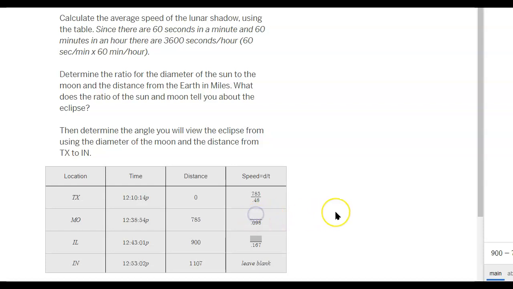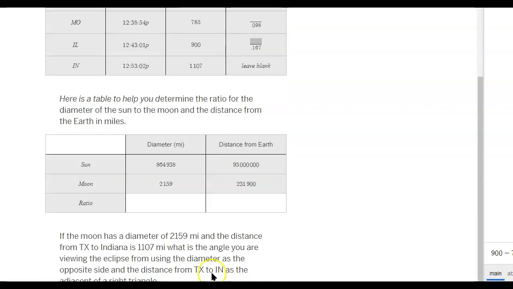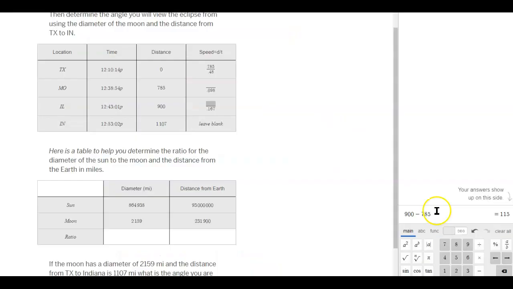See if I typed that in there correctly. Well, it's not letting me type that in there. This might be broken. Since my table's broken, we're going to go ahead and use our calculator.